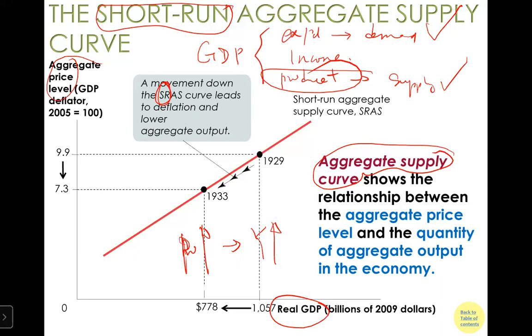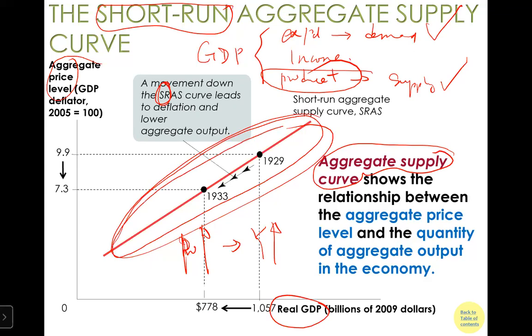The answer is a little interesting. Basically, we differentiate short run versus long run by looking at whether this relationship holds or not. If this upward sloping trend between price and supply, or GDP, holds, then we are in the short run; otherwise we are in the long run. We will come back to this later.